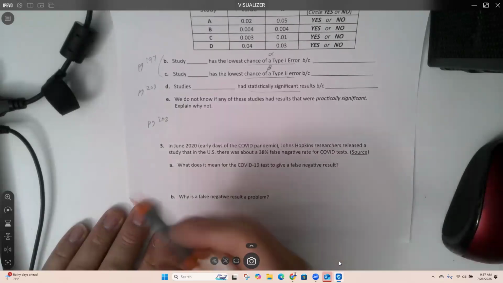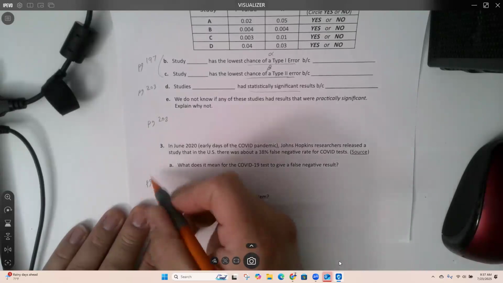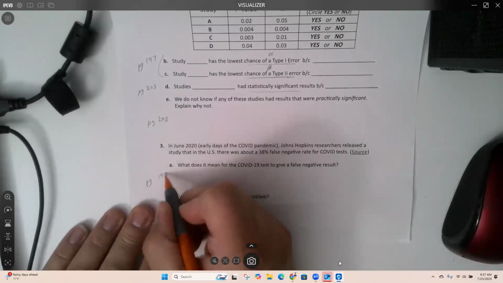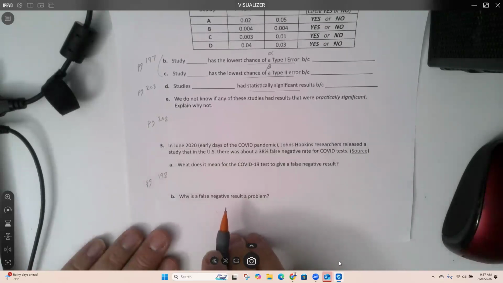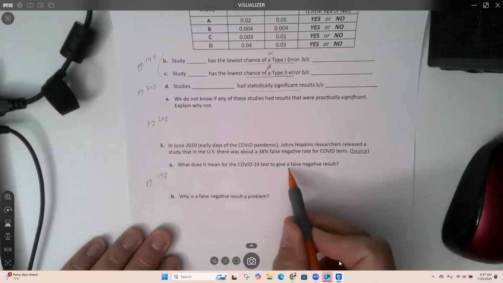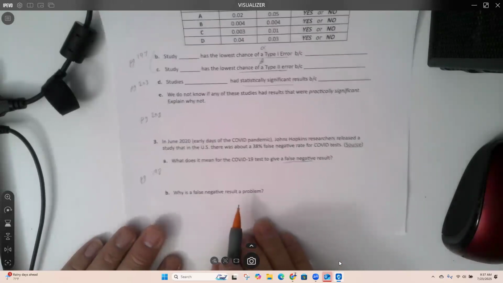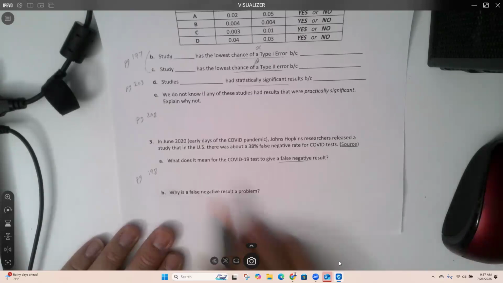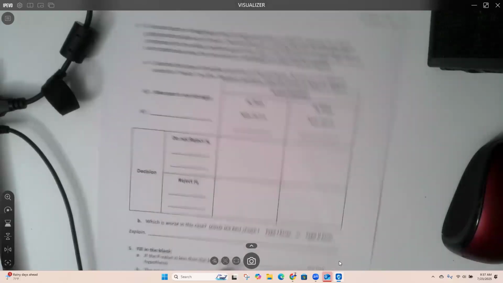That's horrible. That is a very high false negative rate. So page 198 for these. All right. Next page is page 490.